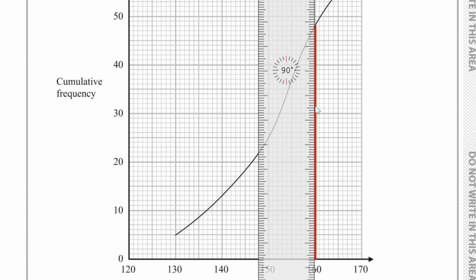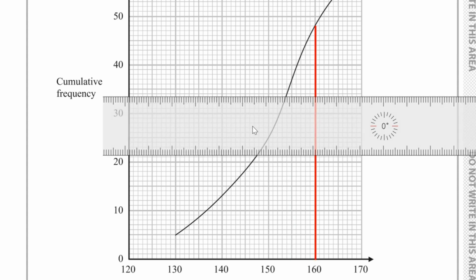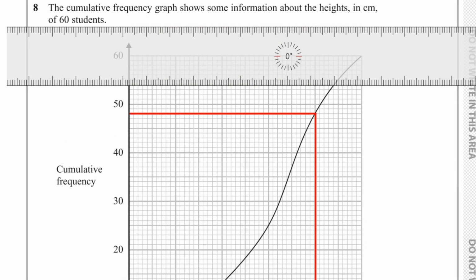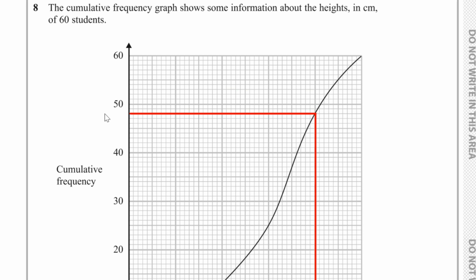And then we see where this vertical line intersects the curve, and then draw a horizontal line. So here is our horizontal line. And you can see, hopefully, at this point, we have 48.